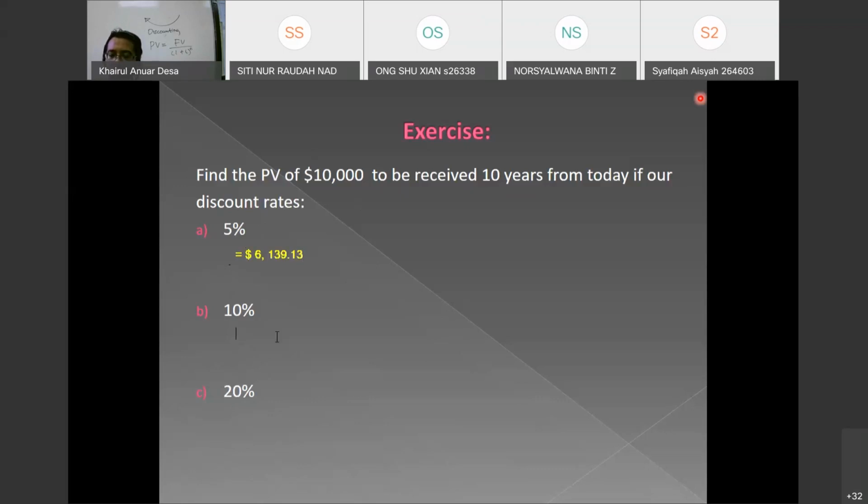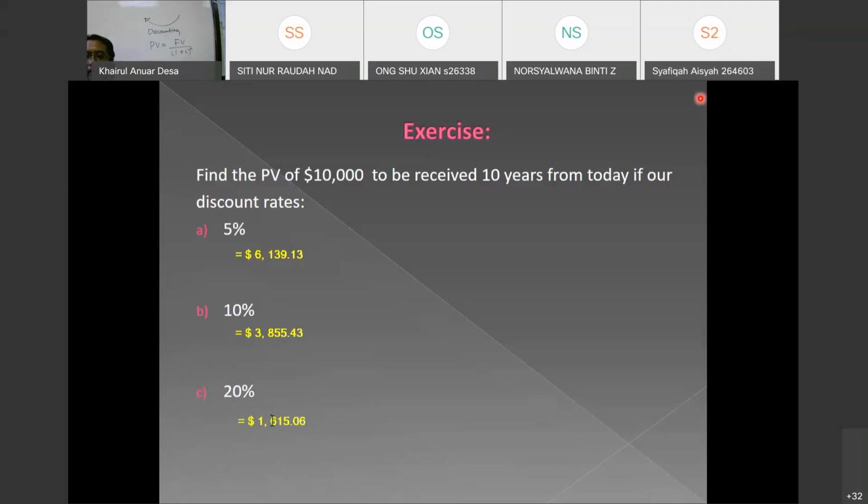Okay, the second one, 10%. 3855.3. 43. 3,855 and 43. And the last one, 1,000, 615.06.